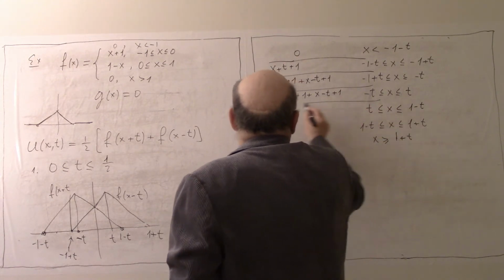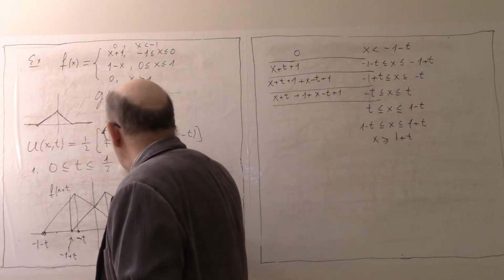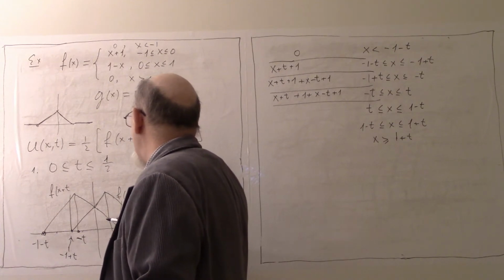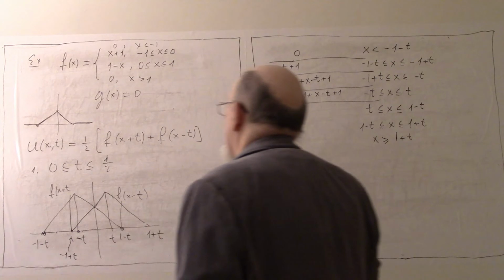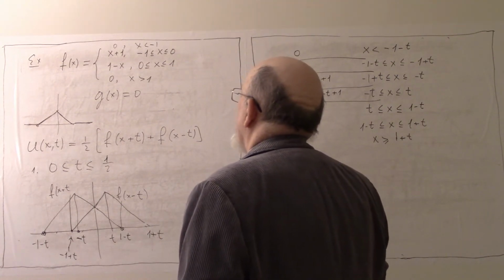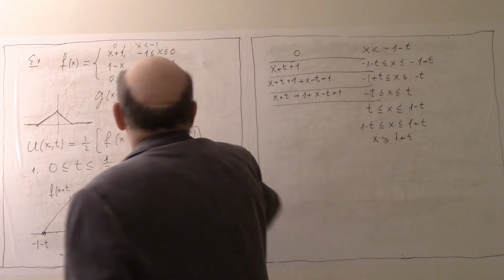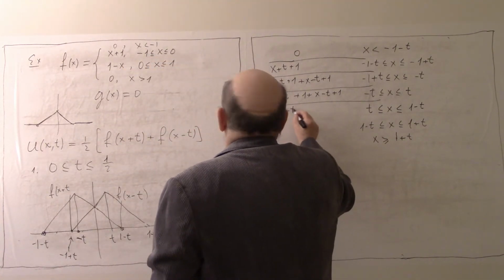Now we will find it next. Here, between this and this, both are decreasing. So here we have 1 minus x, 1 minus x minus t.